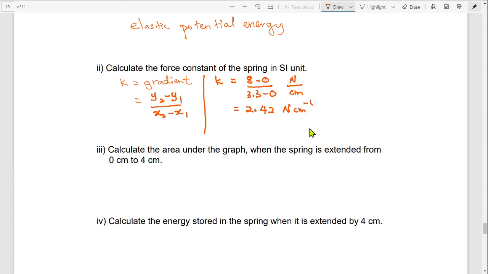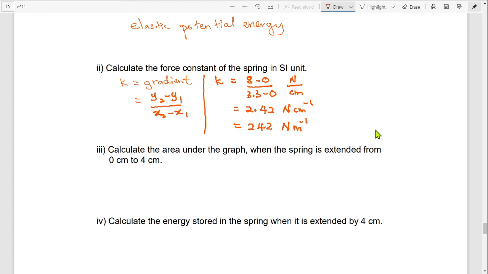You can try to do the conversion from centimeter to meter. If you do the conversion, you should be able to get the answer 242 Newton per meter.